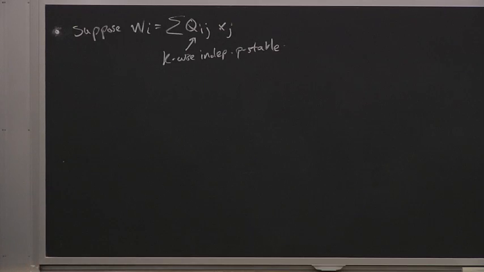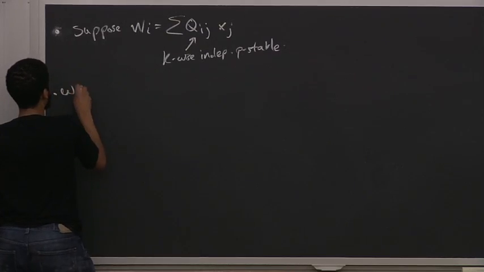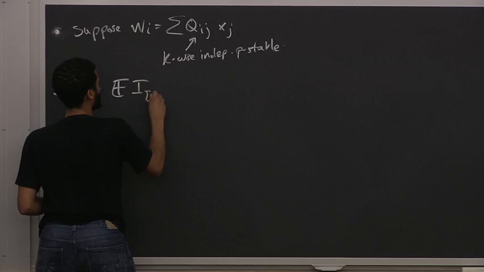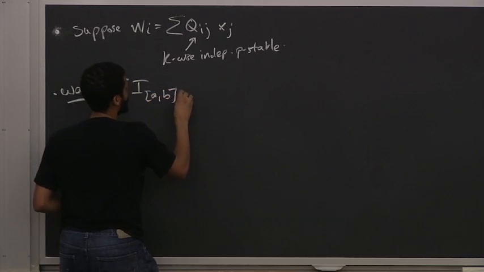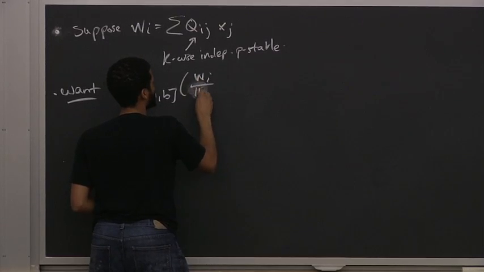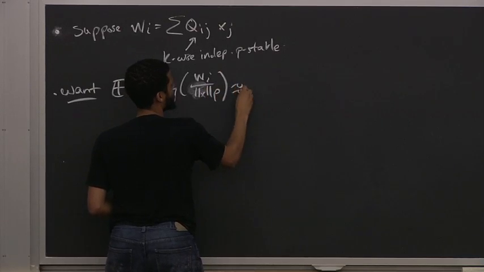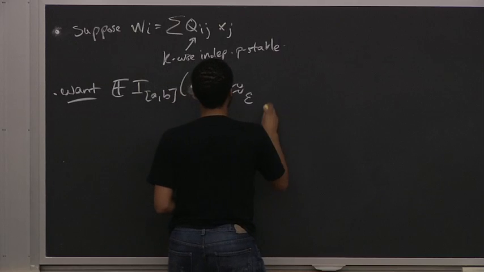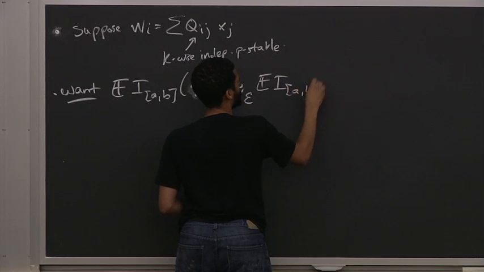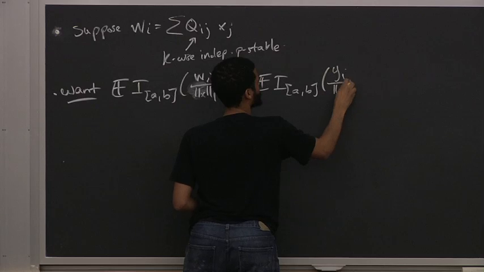So imagine that we replace the entries in a row not with fully independent p-stable random variables, but k-wise independent ones. And what we want is that the expectation of the indicator function of AB evaluated at yi over the LP norm is basically the same, let's say up to an additive epsilon, as the expectation of the indicator function of AB of yi over the LP norm.